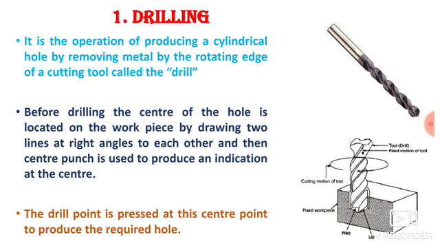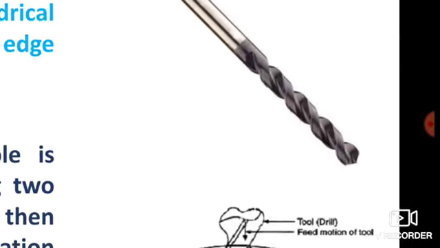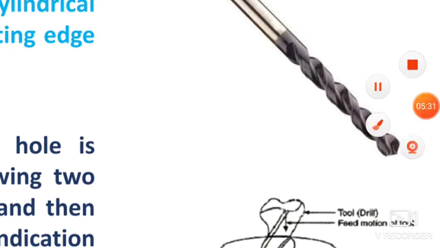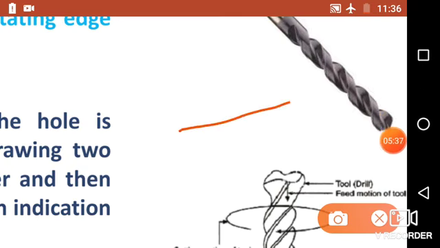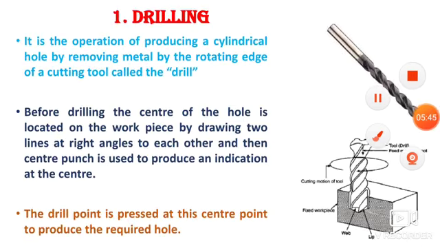How is the drilling done? The drill point. This drill bit has two cutting edges. These are the two cutting edges of this drill bit, and at the intersection of those cutting edges, we get a cutting point. Okay.